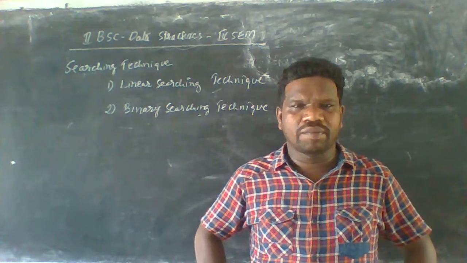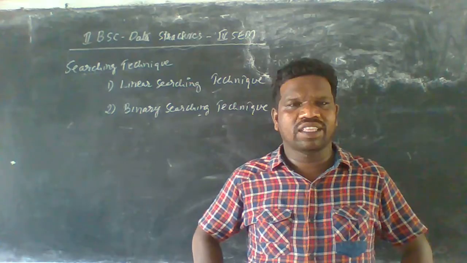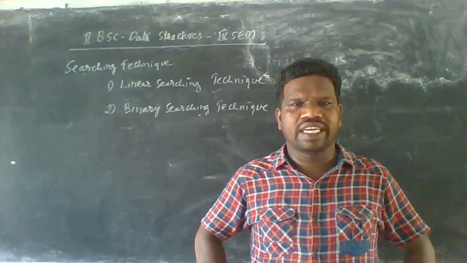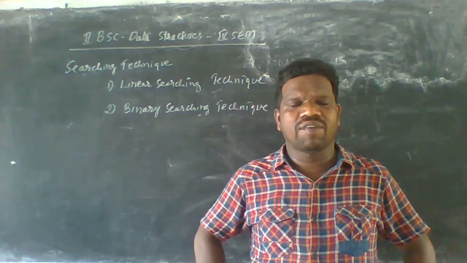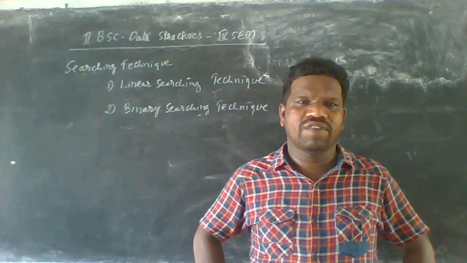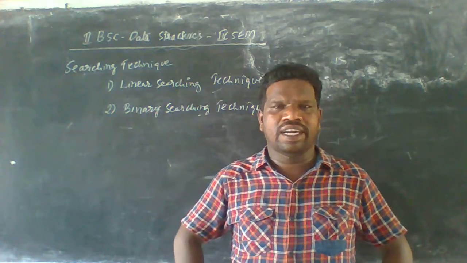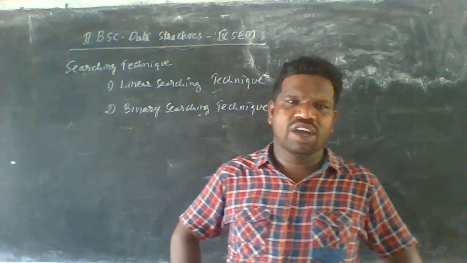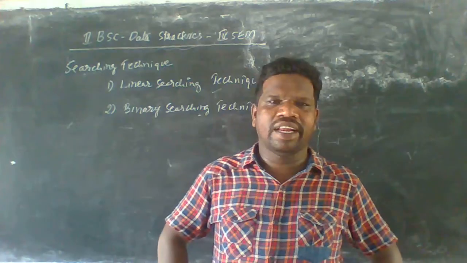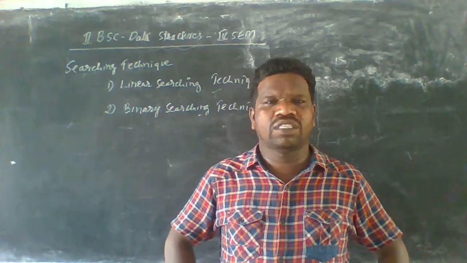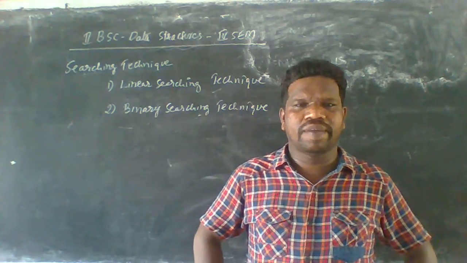Then we check whether the needed element is on the left side or right side. If it is on the right side, we divide again to find the needed element, and if it is on the left side, we find the middle element again and repeat the process.